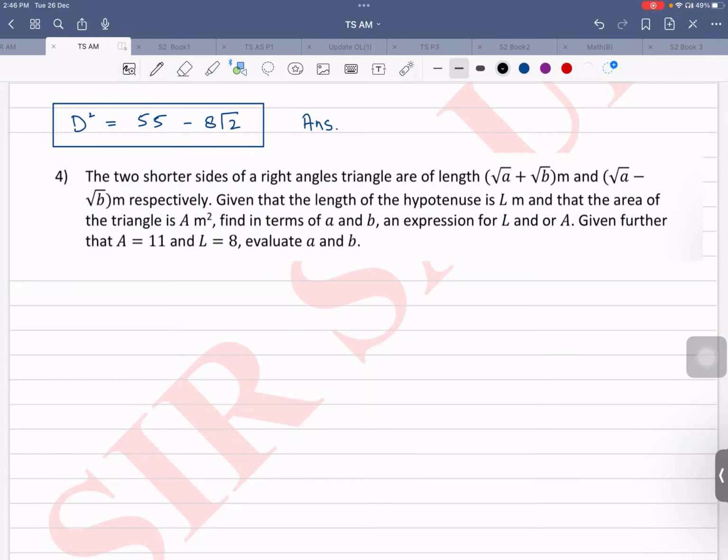So we have to draw a right angle triangle. The two shorter lengths are, which means other than the hypotenuse, square root a plus square root b, because hypotenuse is the longest side in a triangle, and square root a minus square root b. The hypotenuse is L and the area is A.